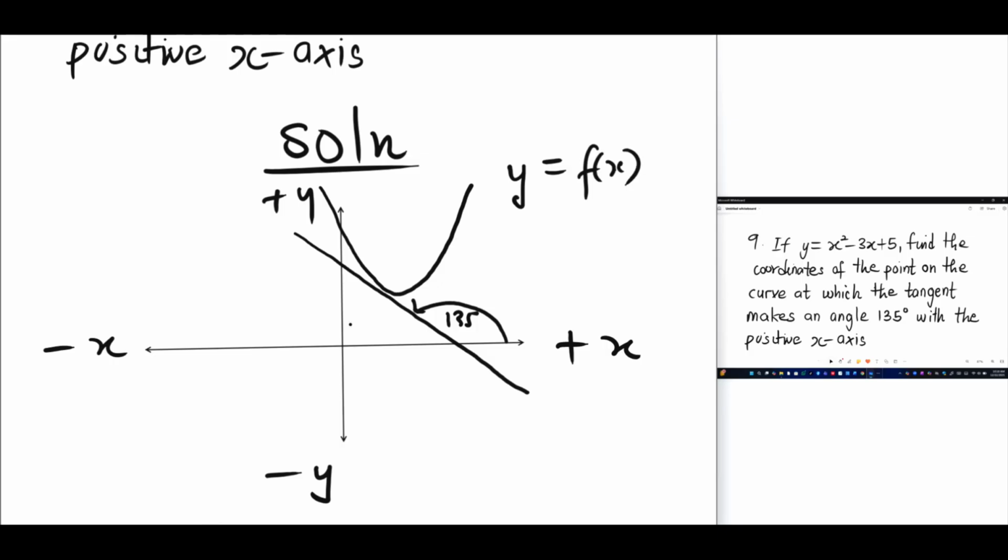Let me indicate where the tangent touches the curve. So I have it here. So we are to determine the coordinate of the point where the tangent touches the curve, and it makes an angle of 135 degrees with the x-axis. From your right, you move to your left, and you get an angle of 135 degrees with the positive x-axis.